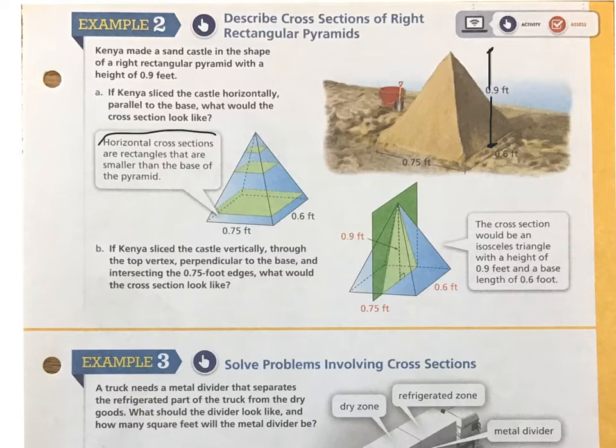Well, in this case, cross sections that are made from slicing that pyramid horizontally would all be in the shape of rectangles, okay? Each one would have dimensions that are smaller than the base of that pyramid.